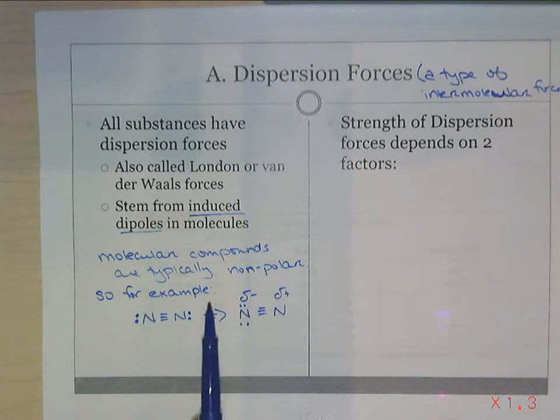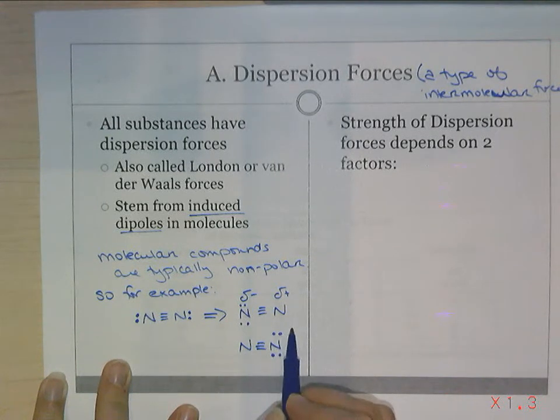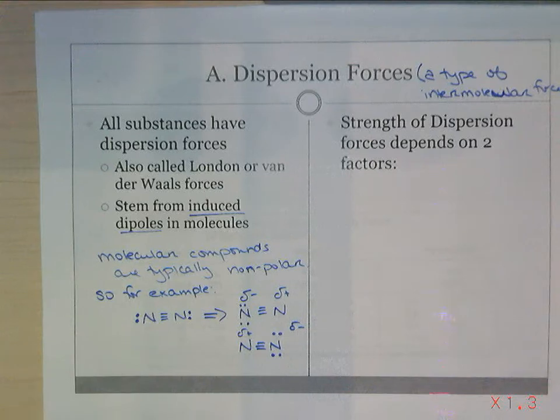If it came into contact with another nitrogen, it could force it to be the opposite. So now I have these two. This one started off, it forced the one next to it to become the opposite, and now there's an attraction between the two molecular compounds.